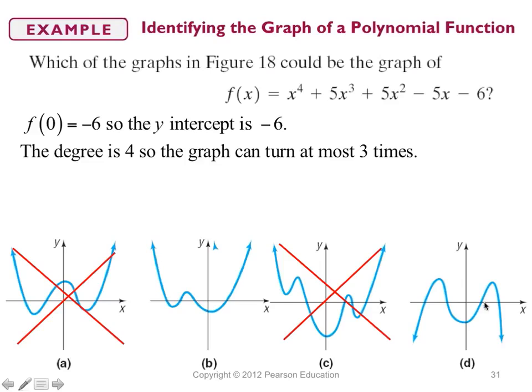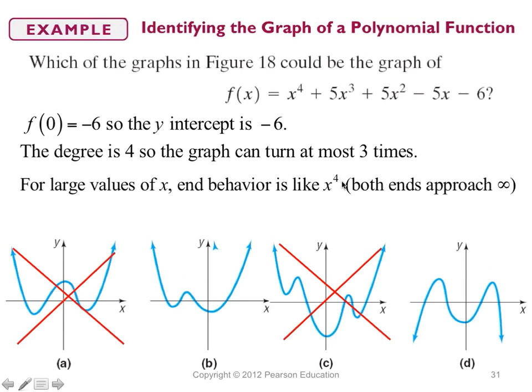Now the big difference between B and D is that one is opening up on both sides, the other one is opening down. So what we need to think about is what our power function is. And recall, if your polynomial is written in descending order, then your power function is going to be this first term. Okay, so our power function is just x to the fourth.